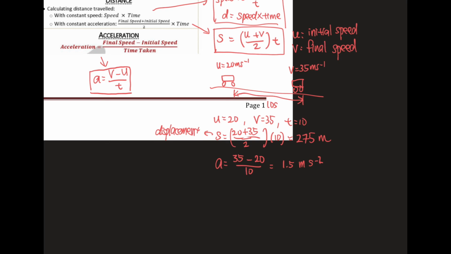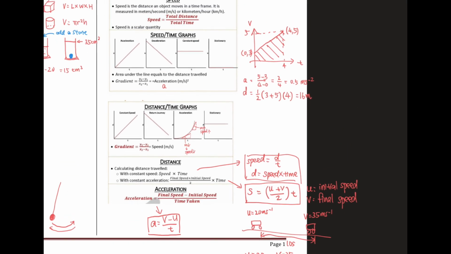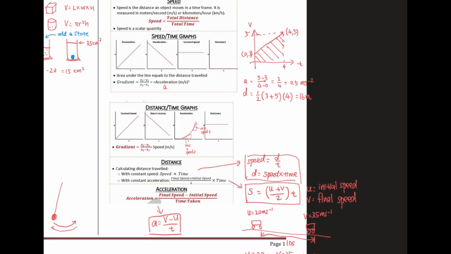Sometimes you will see speed is written as s, but the more formal symbol for speed is actually v. As you can see here, v. Initial speed, u. Final speed, v. So speed and velocity, they use v.